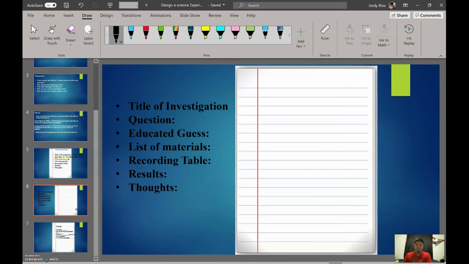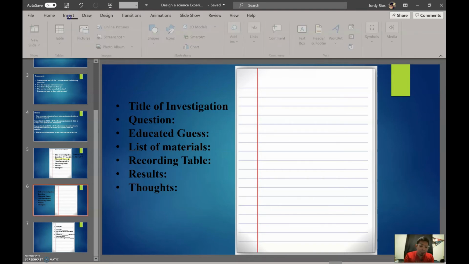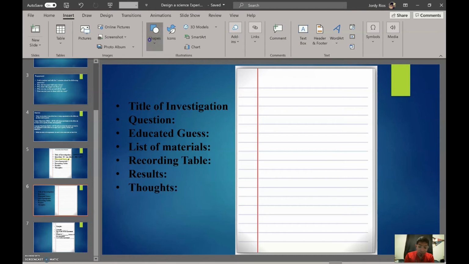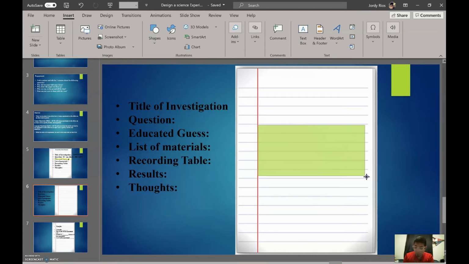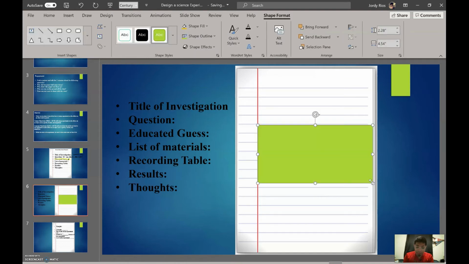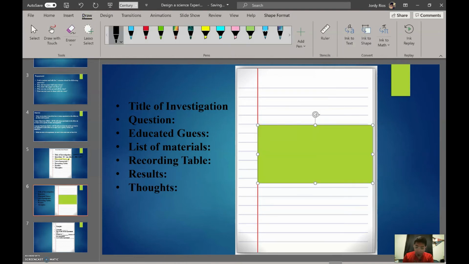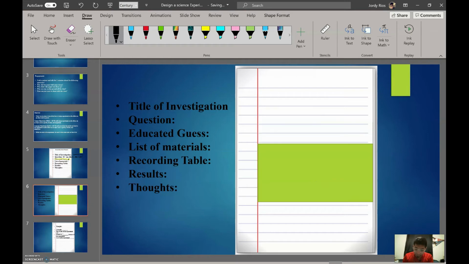So in your table, this is what your table is going to look like.